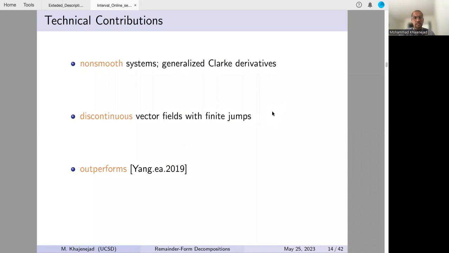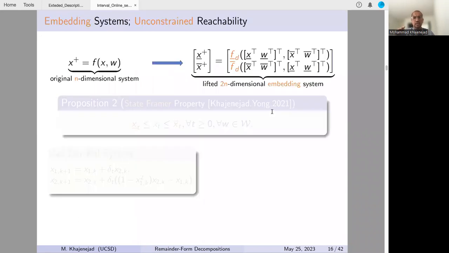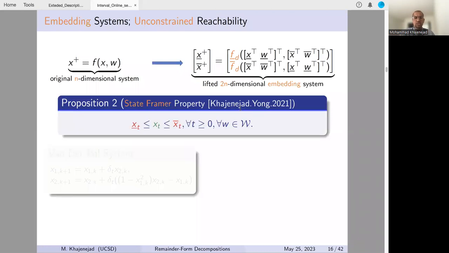Okay, so this was a brief introduction of these remainder form decomposition functions, but why do we care about them? Because they have applications, which I'm going to talk about now. First, we can apply them for set-valued state estimation. As I mentioned before, given an original n-dimensional system, using these remainder form decomposition functions, we can compute a lifted 2n-dimensional embedding system, which can be shown to have states that frame from below and above the state of the original system.